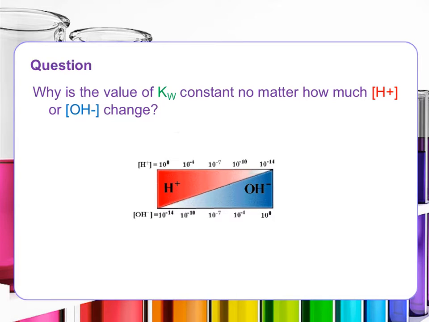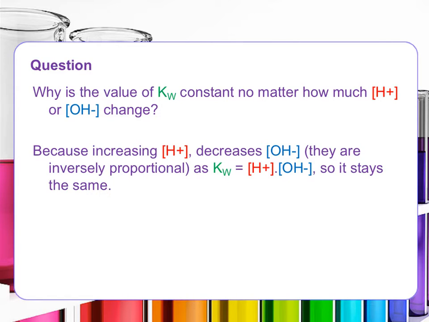But what you notice is that the height of the box is always constant. So what we're saying is that H plus and OH minus are inversely proportional. When H plus is big, OH minus is small. And when OH minus is big, H plus is small. And so you can see it written down. It's because increasing H plus decreases OH minus, because they're inversely proportional.